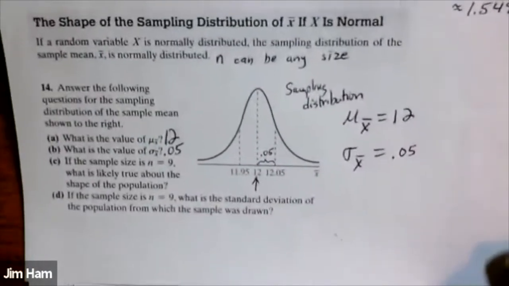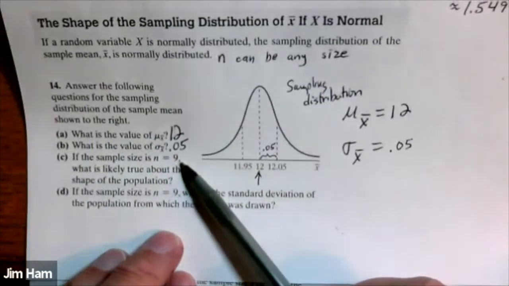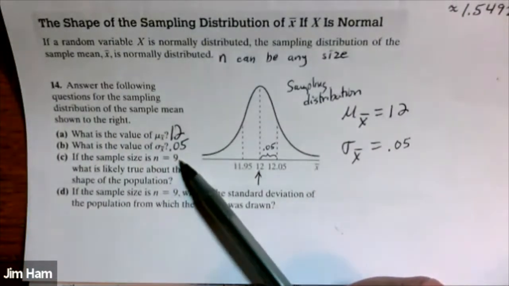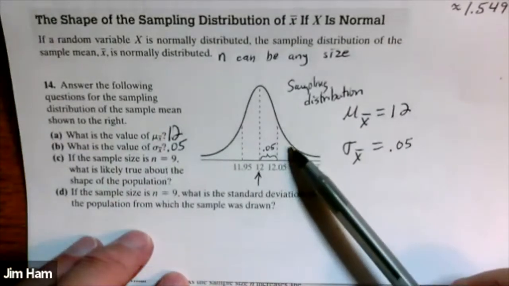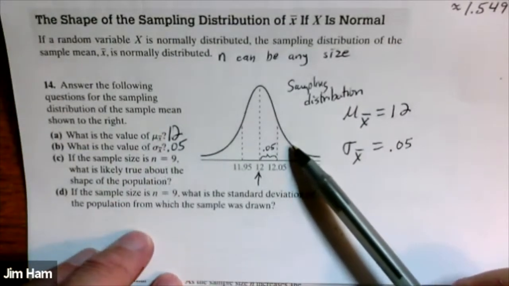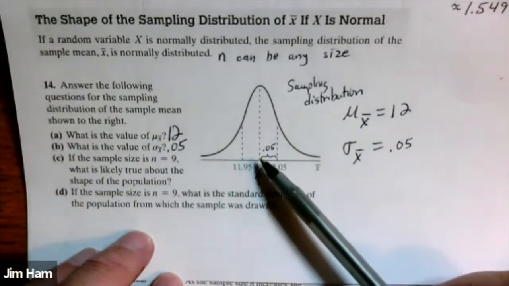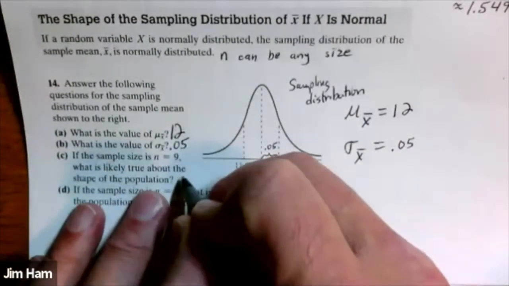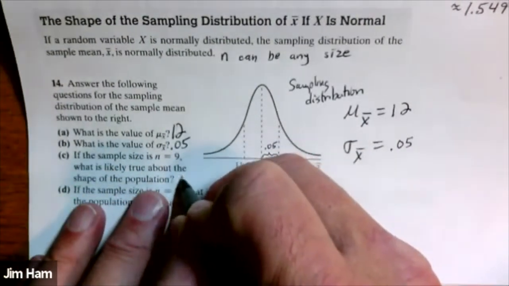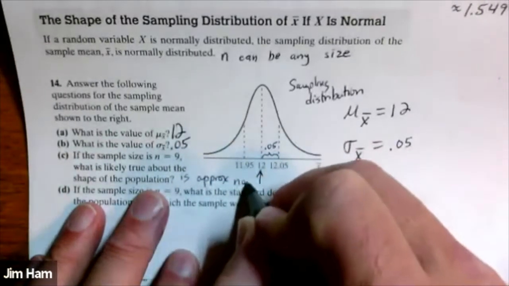Now, going back to this question. If the sample size is 9, that's less than 30. So if we did end up with the normal sampling distribution, what probably was the case is that the original population had a normal distribution to it. So the shape of the population is approximately normal.